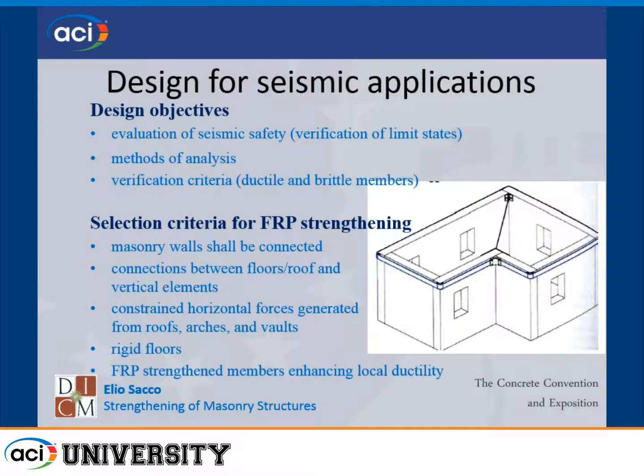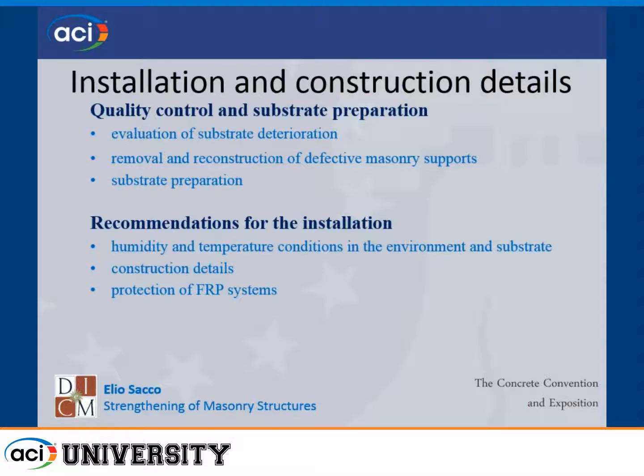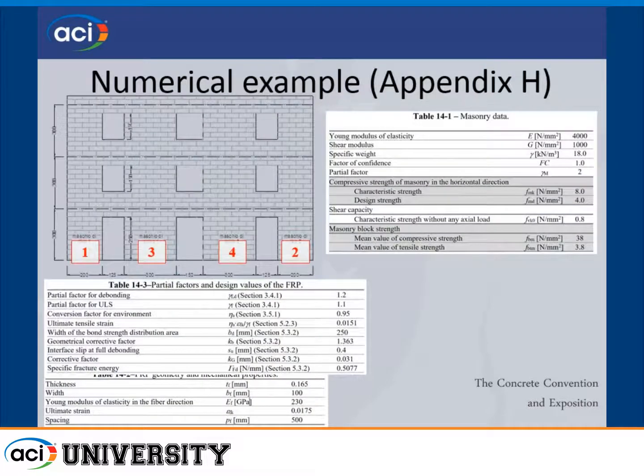Design for seismic application, there are several points. Mainly, it is important the connection between the floor and the vertical element, between the vertical elements, and so on. Another very interesting point is the installation and the construction detail. And finally, we present several examples of application, several examples of design.